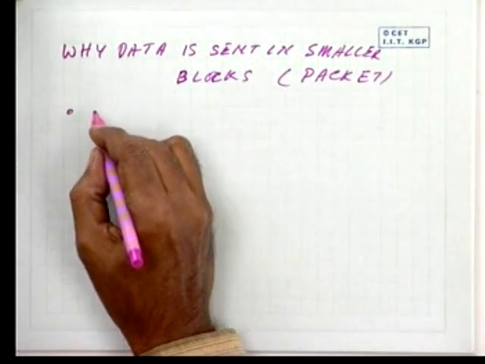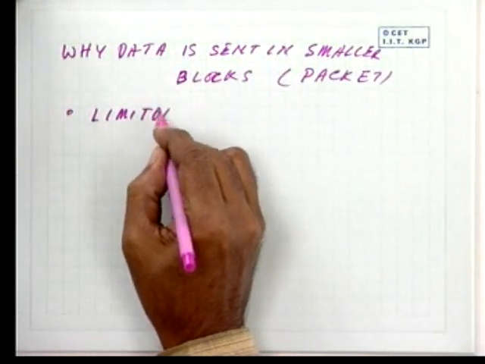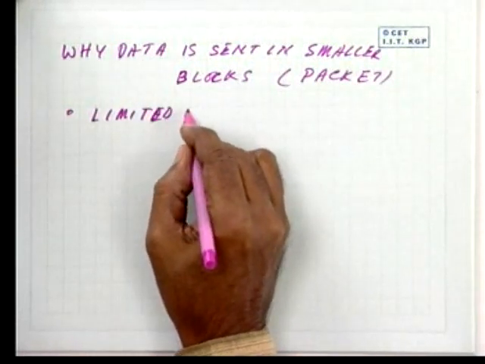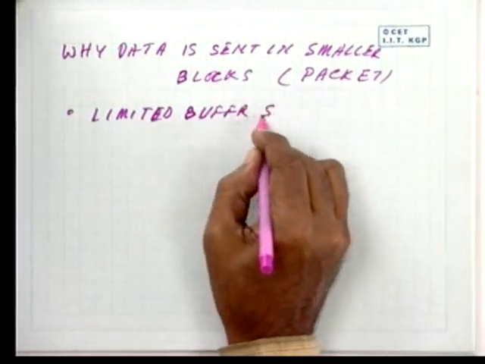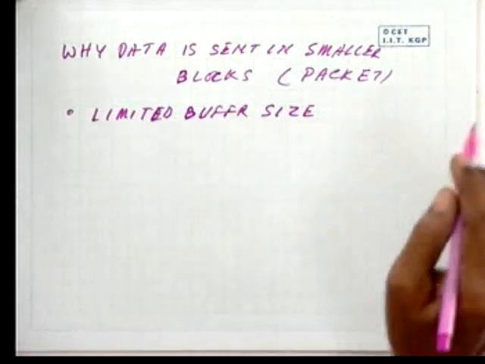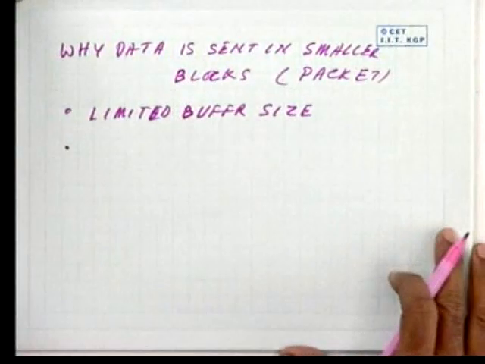One reason is limited buffer size. The receiver may have a limited buffer size, a small size of buffer. So if you send a very long message, there will be overflow. To avoid that, the data has to be sent in smaller sizes.